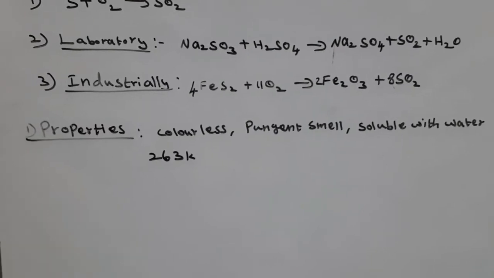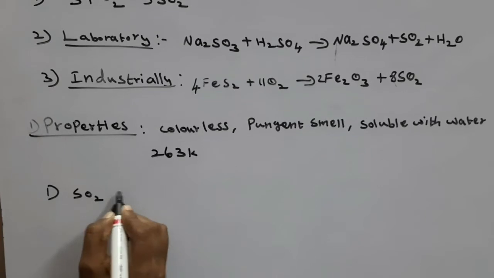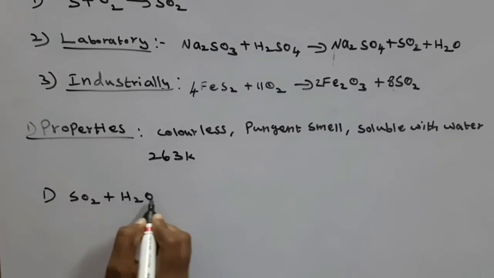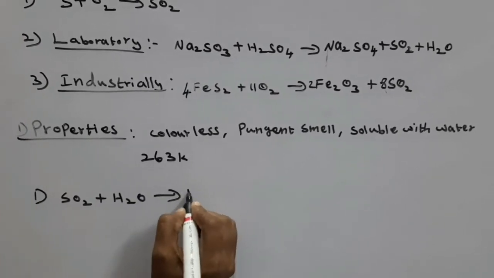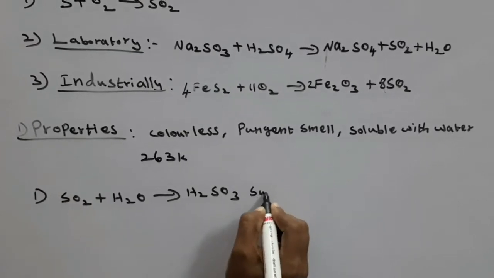And chemical properties. When sulfur dioxide gas is passed through water, it produces H2SO3, sulfurous acid.